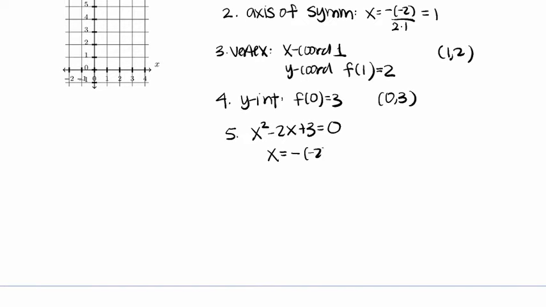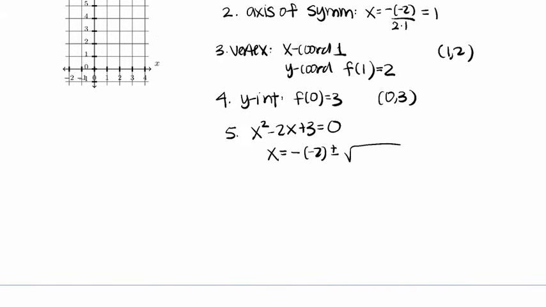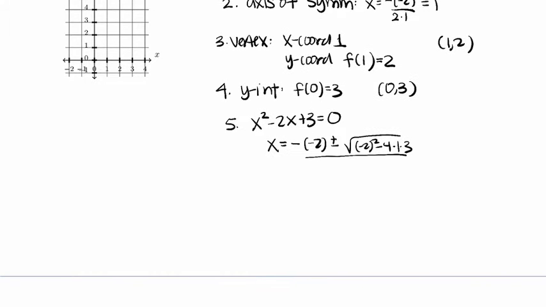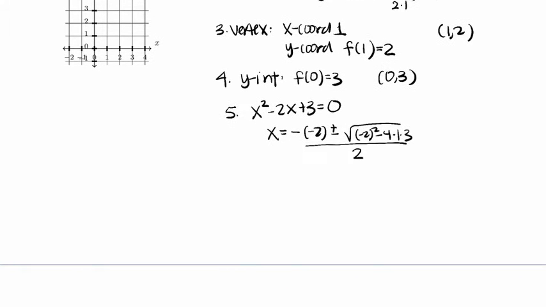So it's -b plus or minus the square root of b squared minus 4 times a times c, all over 2a, but a is 1.